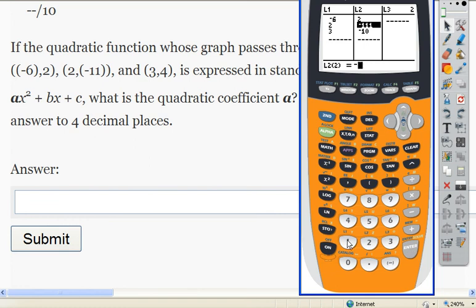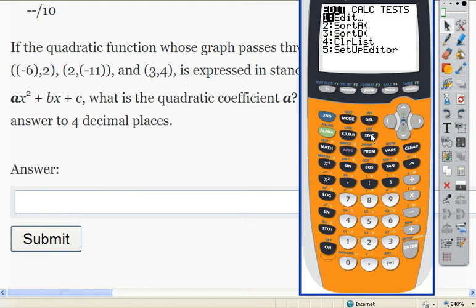Okay? Got all my ordered pairs in there. Then I'll just go stat, calc, 5. I'm going to go down and there it is.